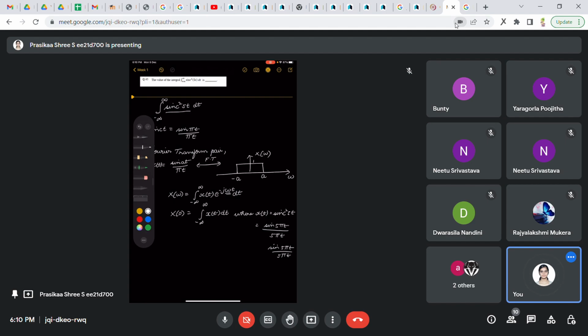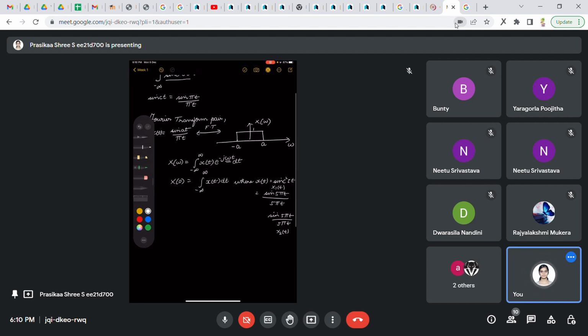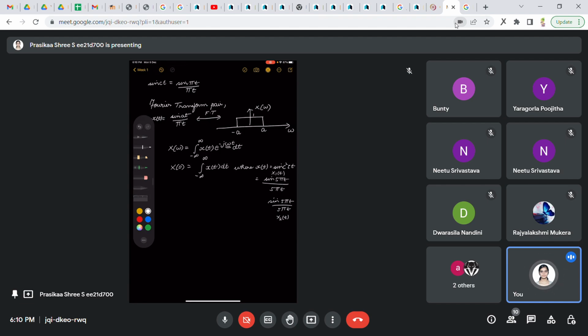So this is in the time domain. Let us have this as x1 of t and this as x2 of t. So in time domain it is x1 of t into x2 of t. So in frequency domain it will be the convolution between two rectangular pulses. So now sine 5 pi t divided by 5 pi t gives you a Fourier transform.